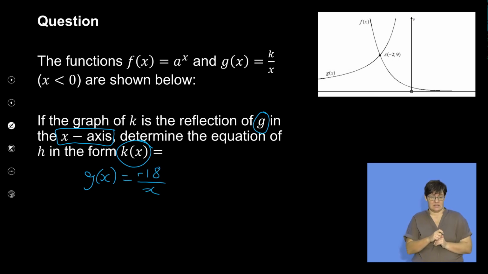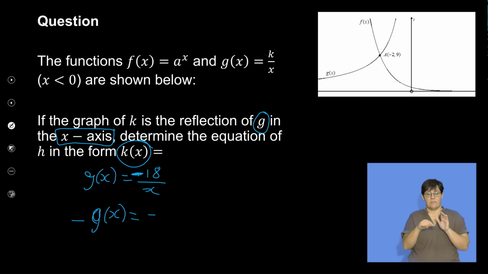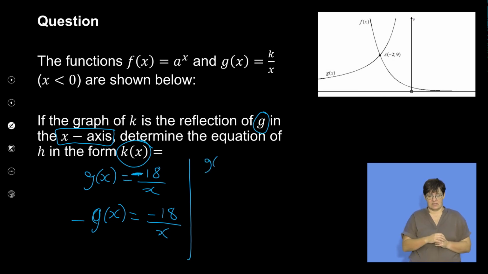over x. And to reflect this about the x-axis, it means I'm changing the y. So it becomes minus g of x is equals to minus 18 over x. But I can't have a negative function notation, so it simply makes it g of x is equals to 18 over x, right?